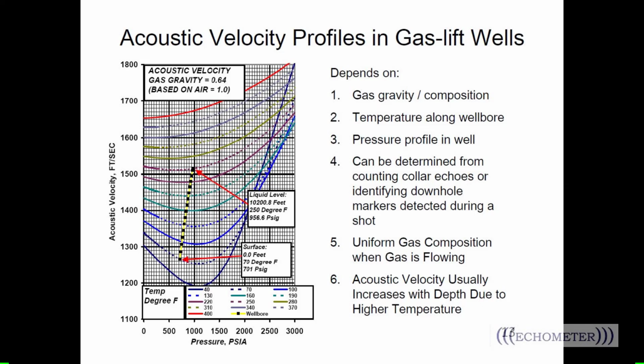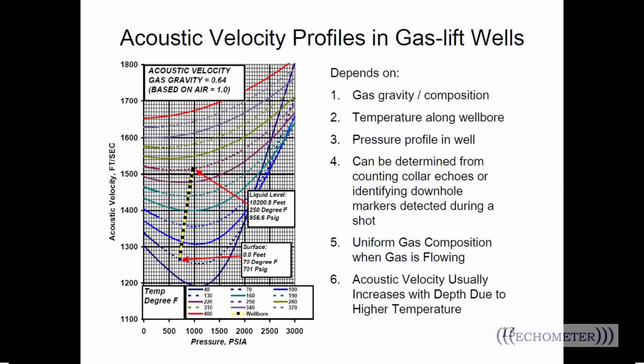So if you have the known depth to each gas lift valve, and you calculate the acoustic velocity between each gas lift valve, then you can go to the plot of the acoustic velocity versus temperature and plot those at pressure.